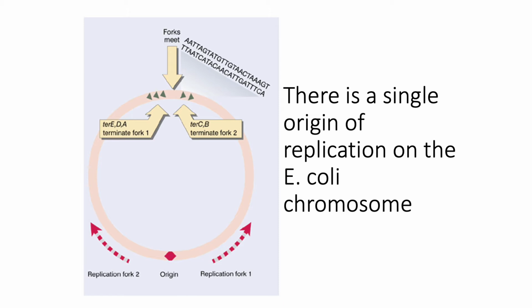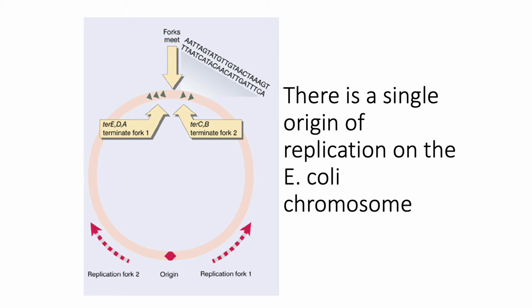So, in order to be able to replicate the chromosome every 20 minutes, it has to fire that origin before the last round of replication finishes. So that way you can have nested replication forks.